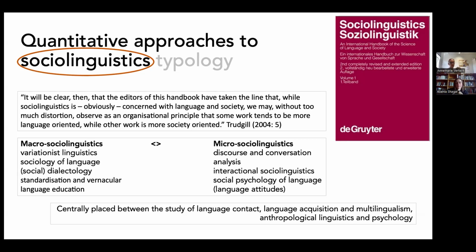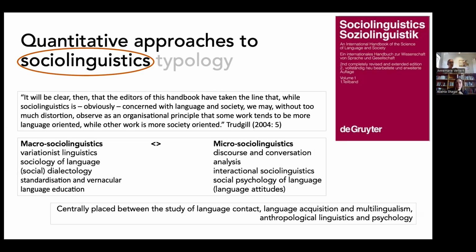So it's broader than other fields of linguistics, I would say, presumably, in the sense that there is definitely this type of micro-sociolinguistics, which is, I guess, the origin of sociolinguistics, right? Where we have dialectology, we have discourse and conversation analysis, and then we have work that came a little bit later on language attitudes, but we also have macro-sociolinguistics, where we are talking about, for example, effects of standardization and language education and what effect that has on multilingual language use within countries, and also, for example, comparing countries and so on and so on.